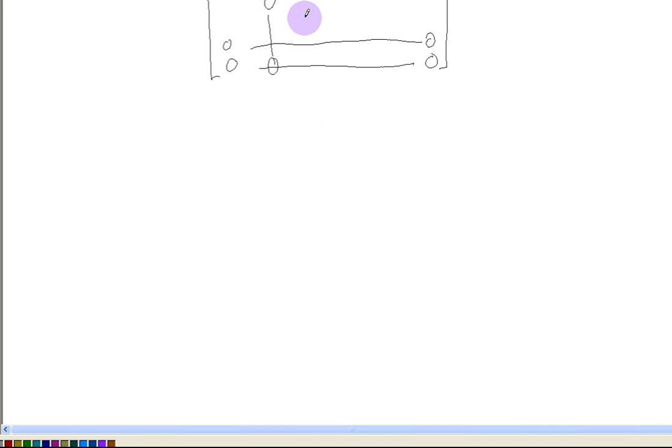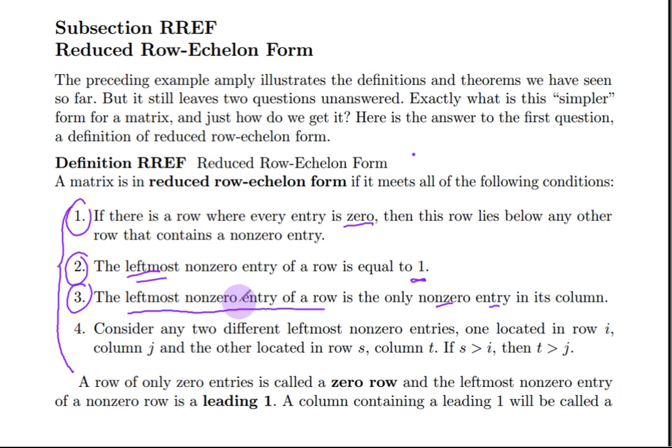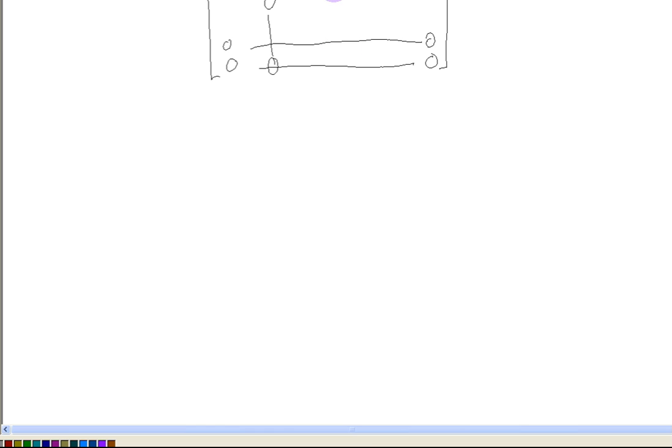Now this entry here could be something other than 1 because it's not the first non-zero entry. So I could have, I don't know, something here. I'll just put a star here to denote that that could be anything. However, this rule that the leftmost non-zero entry of a row is the only non-zero entry in its column means that this 1 here is the only non-zero entry in its column. So I have a 0 here.